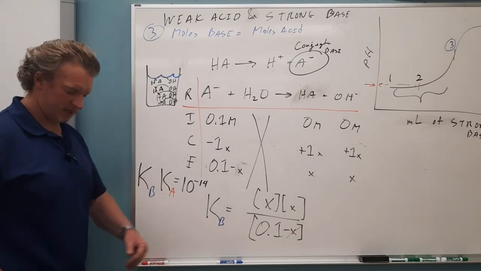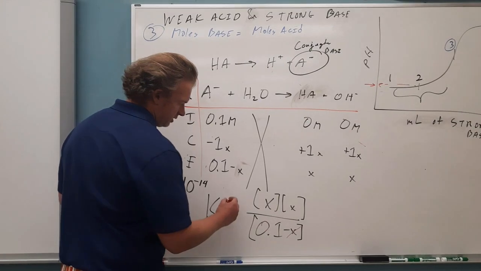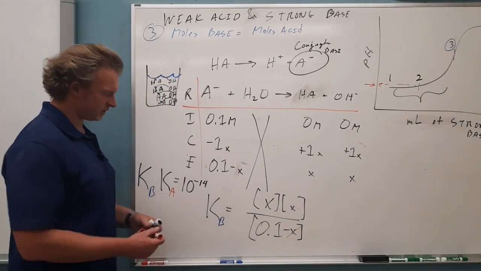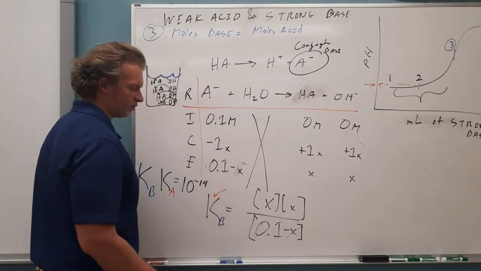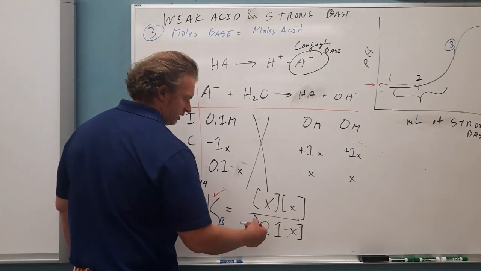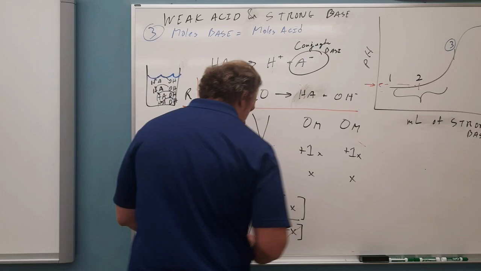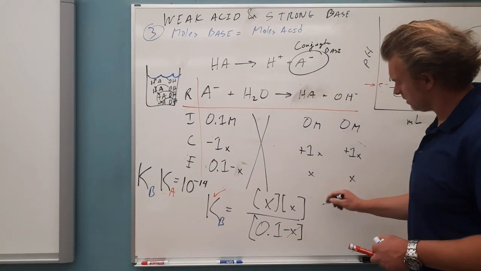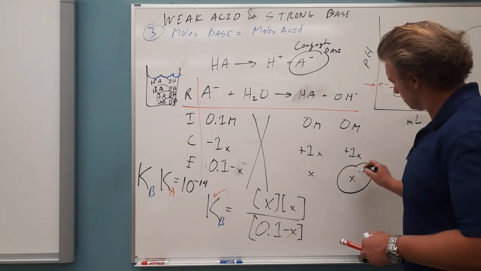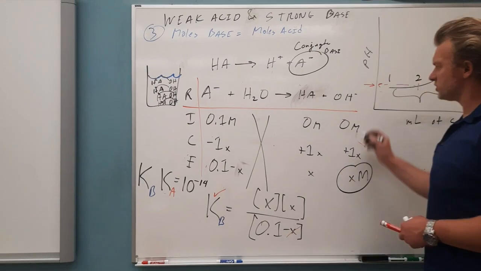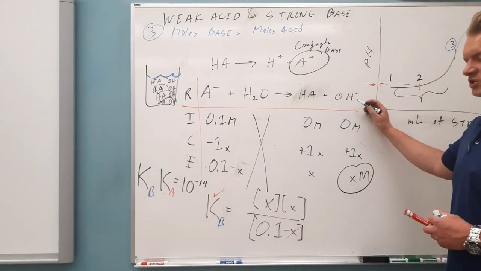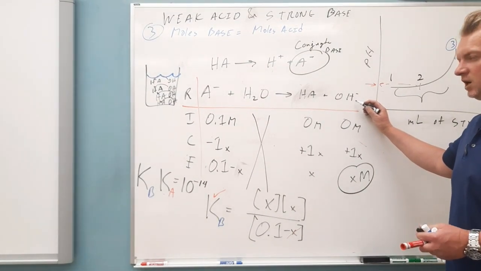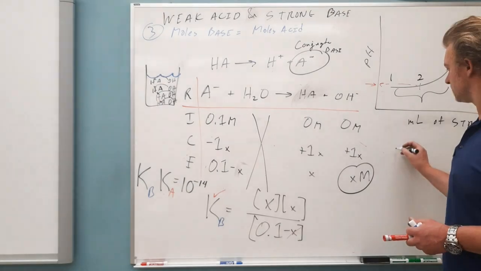If we know Kb, we can calculate these numbers here. Because we know this number, this is just x squared. Now if we solve for x, we will only be solving for the molarity or concentration of OH minus.